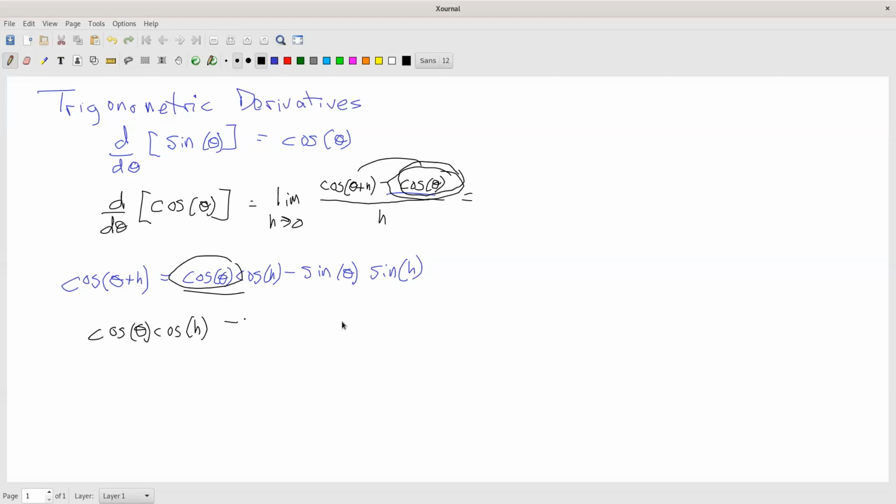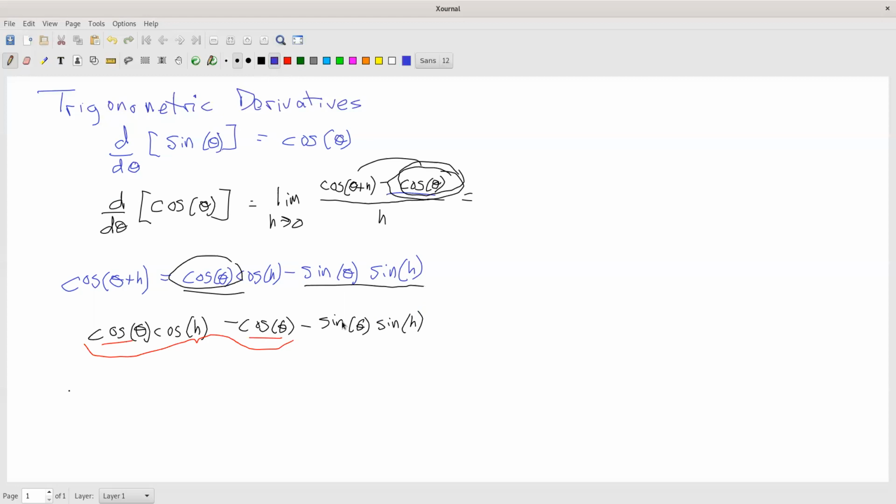So minus cosine of theta. And then I have to finish by subtracting that sine of theta, sine of h. And the reason I did that was now from these two terms here, I can factor out the common cosine of theta.